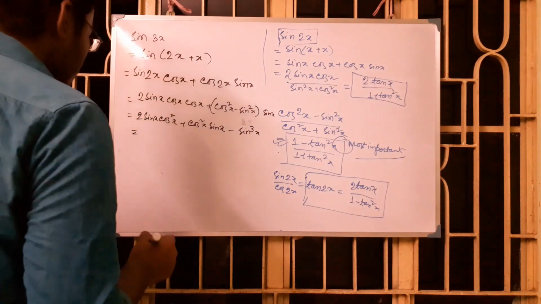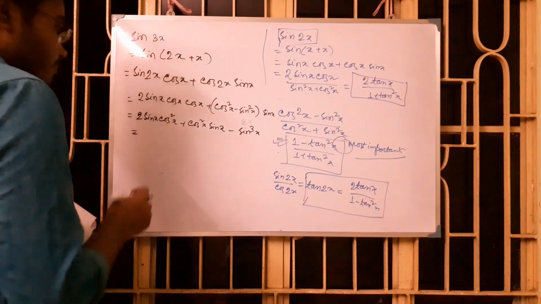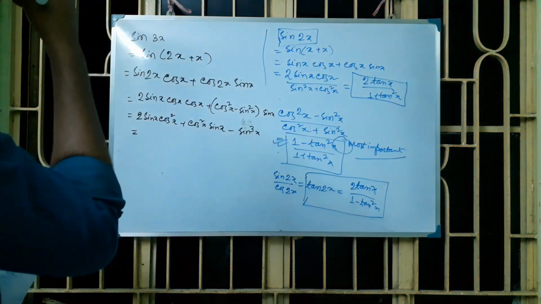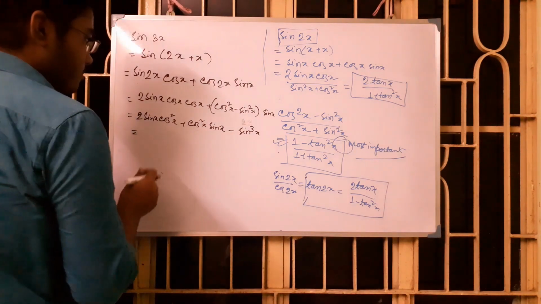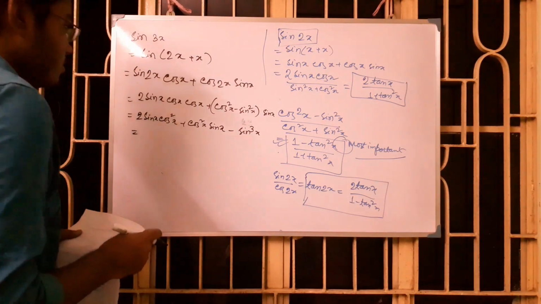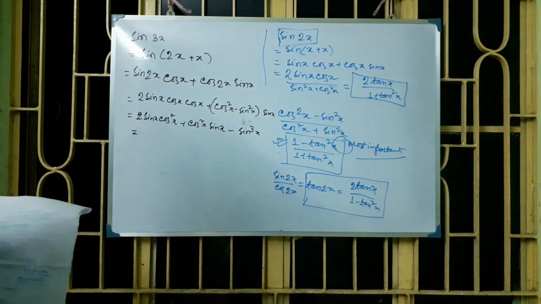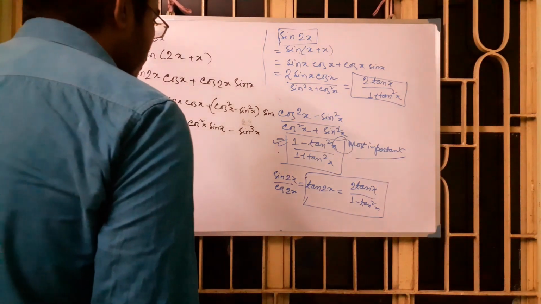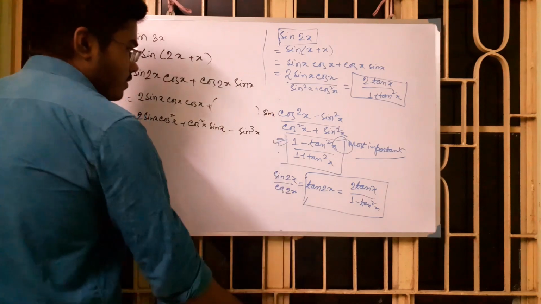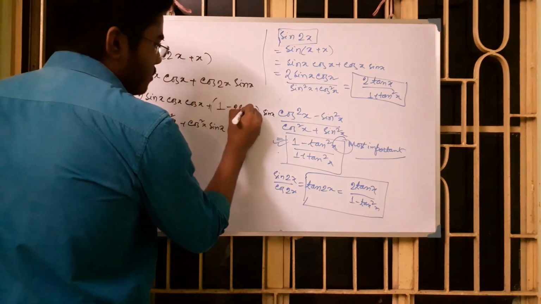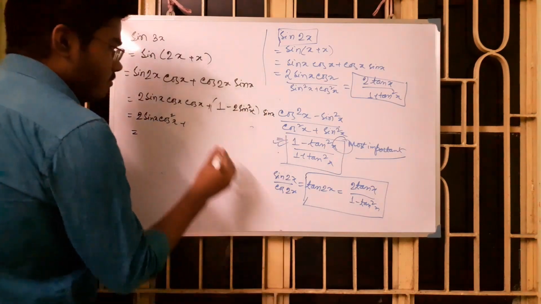Okay, so this is the thing, and take 2 sin x common from this thing. You can write in this way, 1 minus 2 sin square x. Okay, that will be much easier.